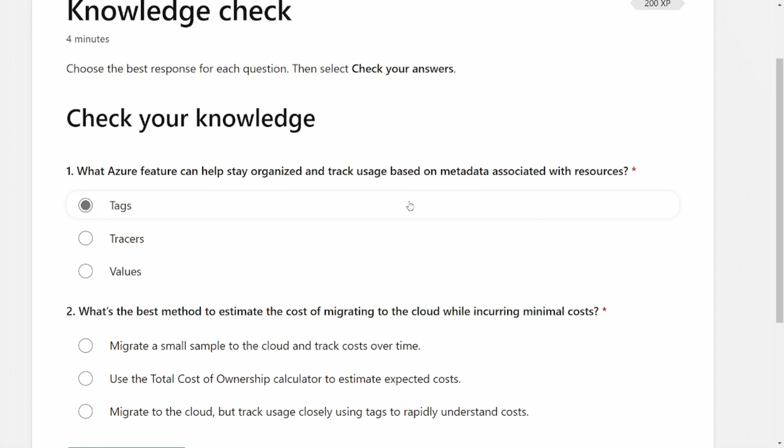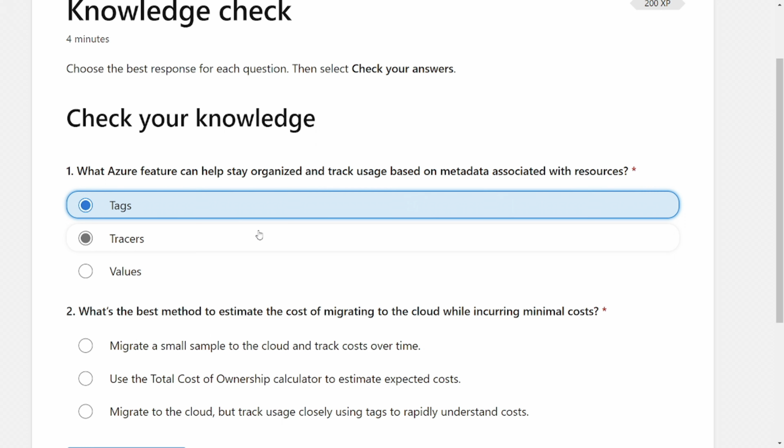Tags provide metadata. You can add a tag and provide some detail, because of the key-value provision. So we know that this is the only way we can organize and track usage based on metadata associated with resources.